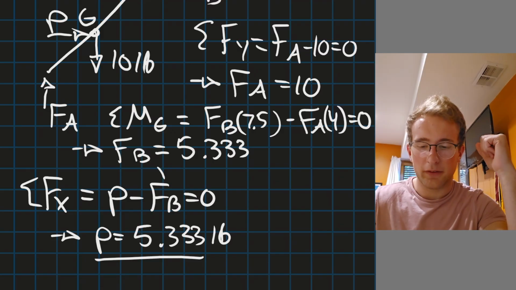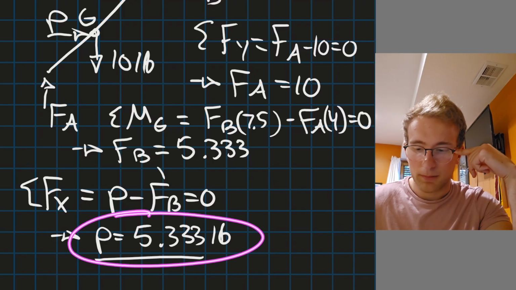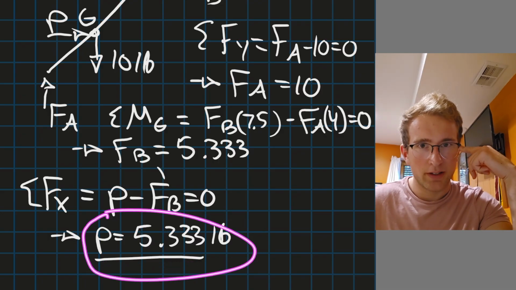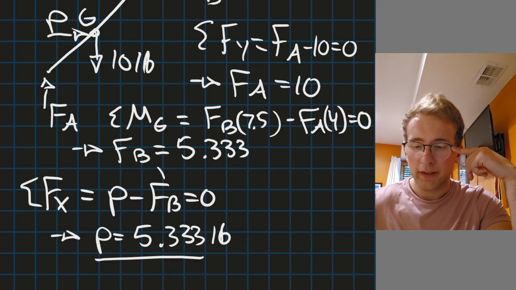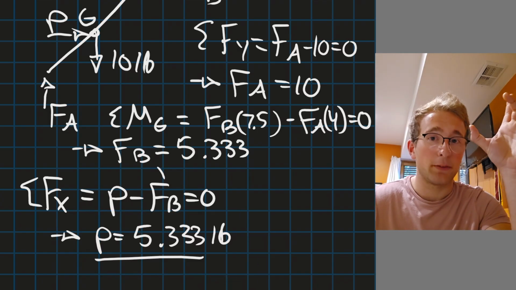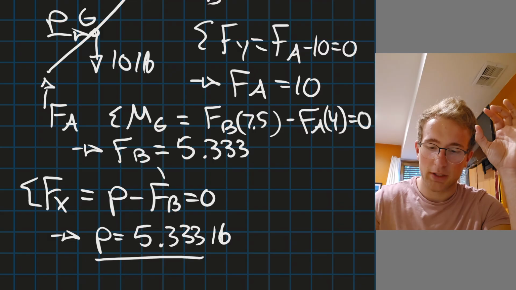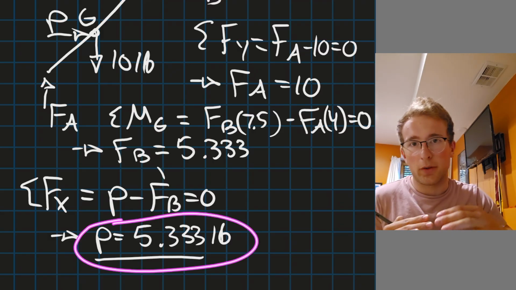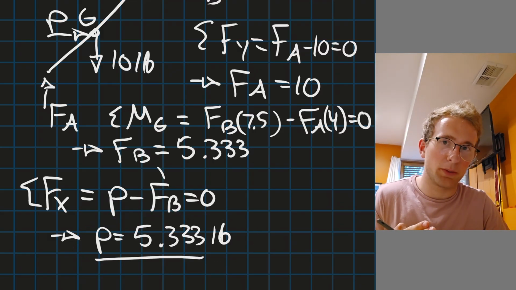You can also go above this value because there's friction. Maybe P could equal 6 pounds, right? This is P where the ladder is in equilibrium if there is no friction. Because there's friction, we can go above and below this value and still maintain equilibrium.